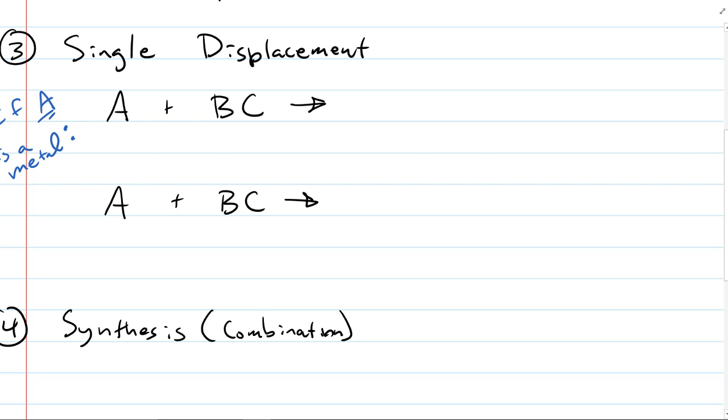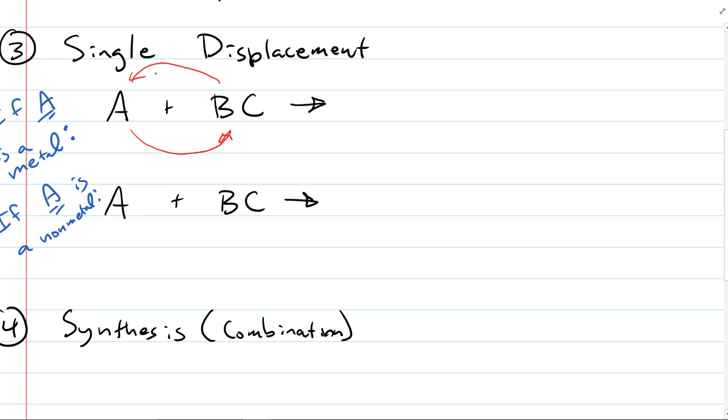And the second scenario is going to be if A is a nonmetal. If A is a metal, what happens is that A and B trade places.